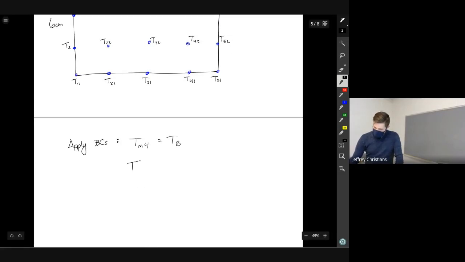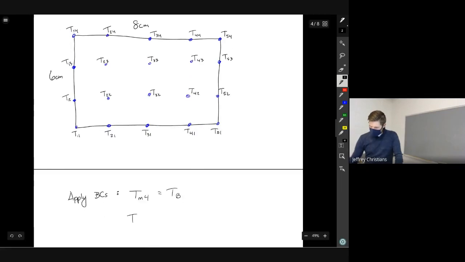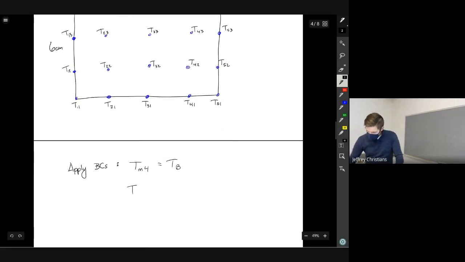Then on the left-hand side, T(1,n) equals TA.